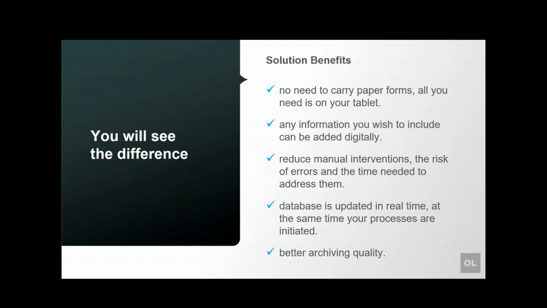And what is more important, we have better archiving quality because the document is already digital, doesn't need to be scanned, doesn't need to be OCR'd anymore. So we can just transfer all these documents to archiving, to ECM solutions, and just store them with all necessary metadata from the system itself.